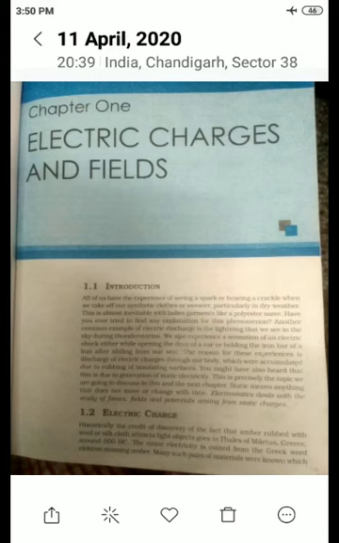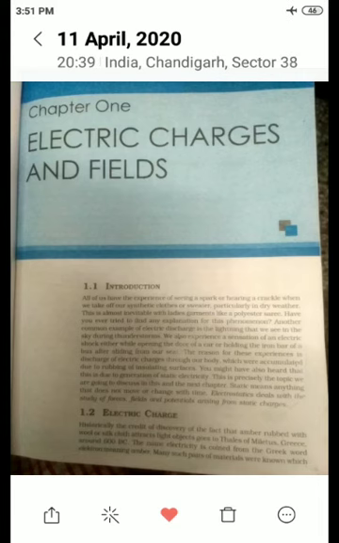Lightning that we see in the sky during thunderstorms. The reason behind all these is the discharge of electric charges that were accumulated due to rubbing of insulating surfaces. Remember here, the human body acts as a good conductor of electricity.